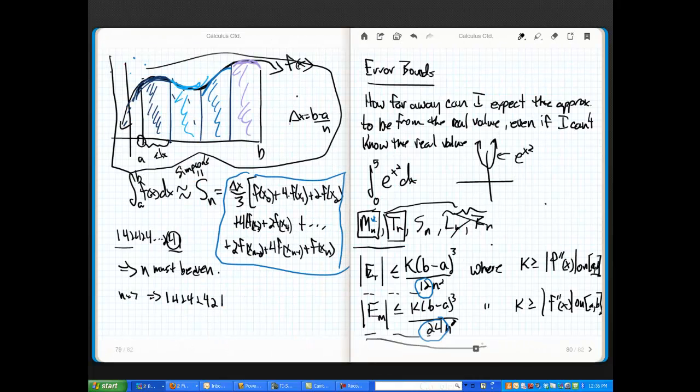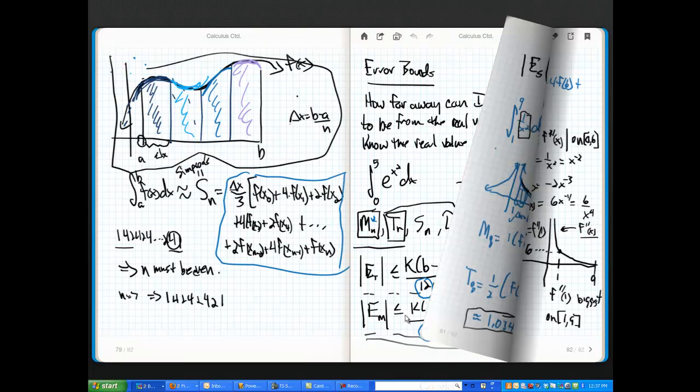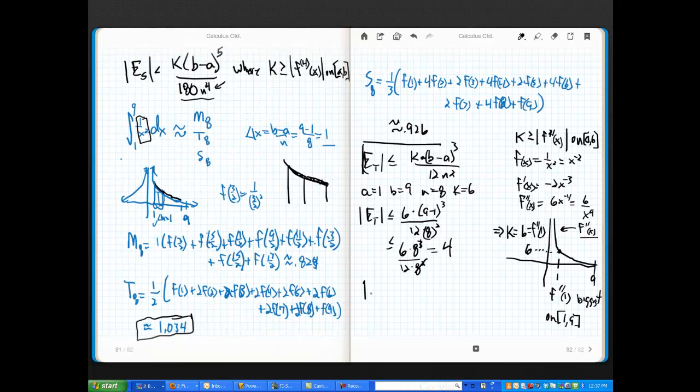Let's do the midpoint. Notice that k isn't going to change because it uses this same parameter. K has got to be greater than or equal to the second derivative, right? So let's go back over here. We're going to figure out E sub n, absolute E sub n, which is just the error of the midpoint, right? Which we know our approximation was 0.824. It's less than or equal to 6 times 9 minus 1 cubed divided by, now what was the denominator?